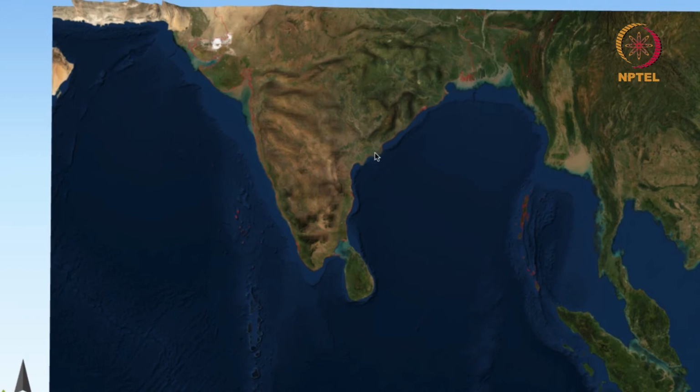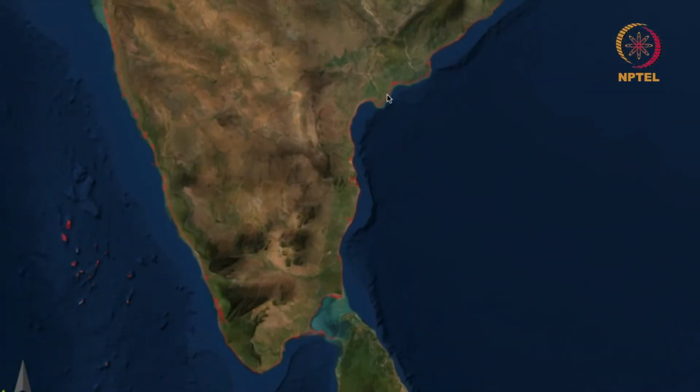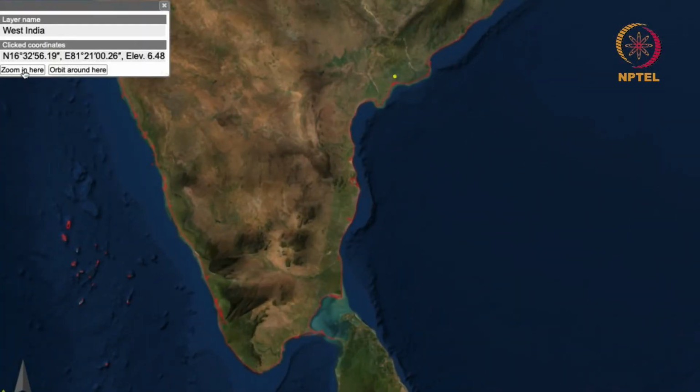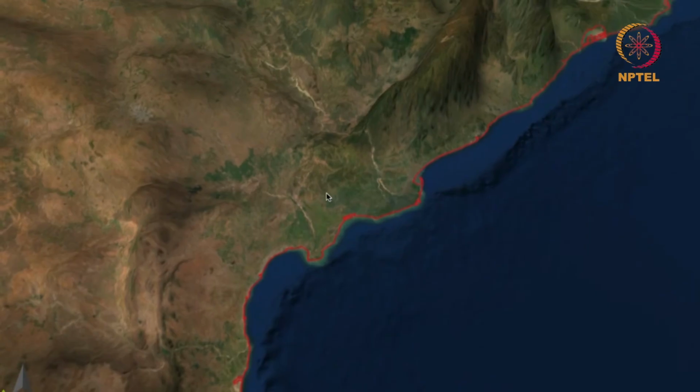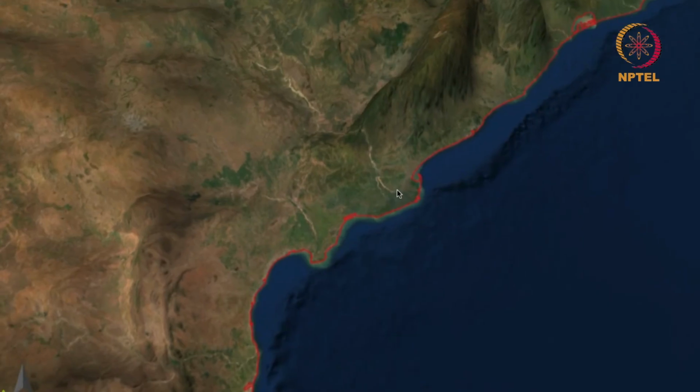So when you look at a delta, you'll find that there is a large amount of deposition of silt in this area, which makes this area very fertile, and plus you also have a steady supply of water. So both of these together mean that in these flat lands you have a large amount of agricultural activity.